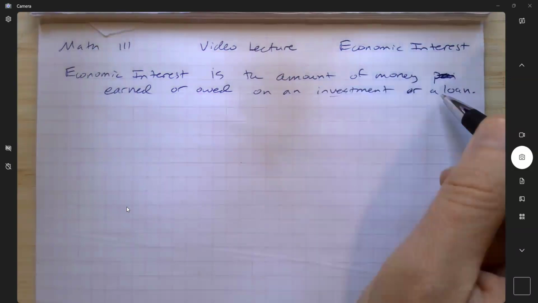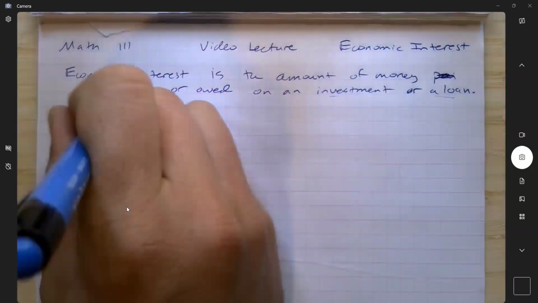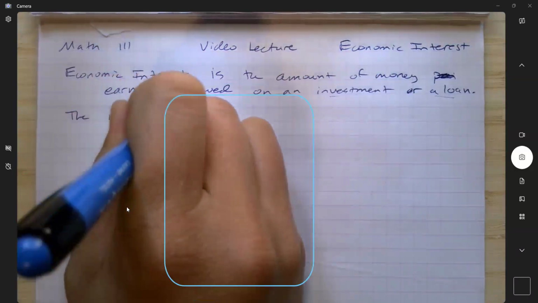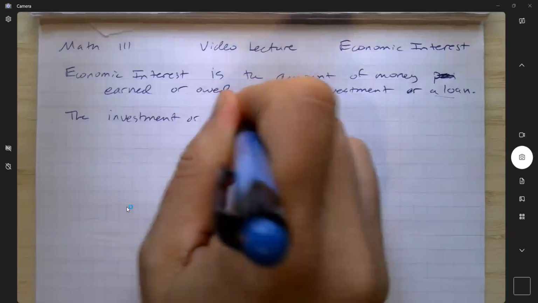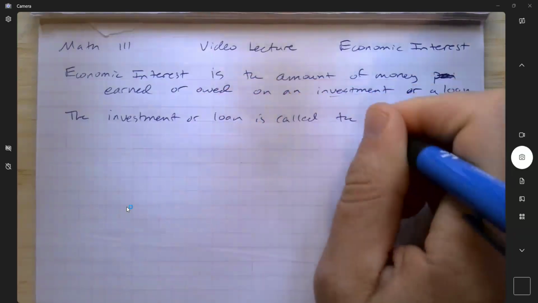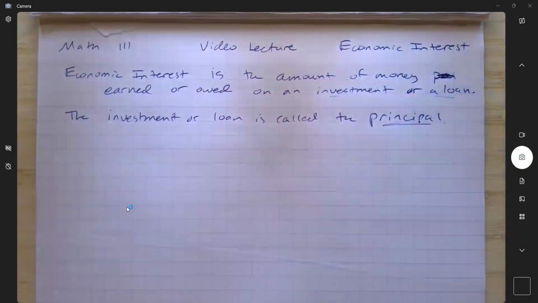The investment or the loan itself is called the principal, or the amount of the investment or loan is called the principal. We're going to look at three different ways that economic interest is calculated.